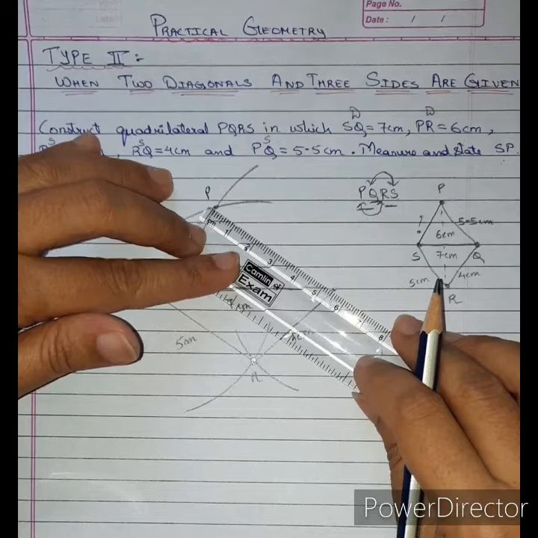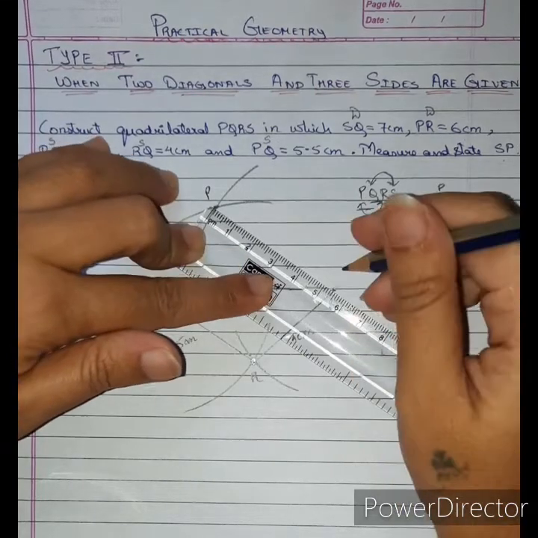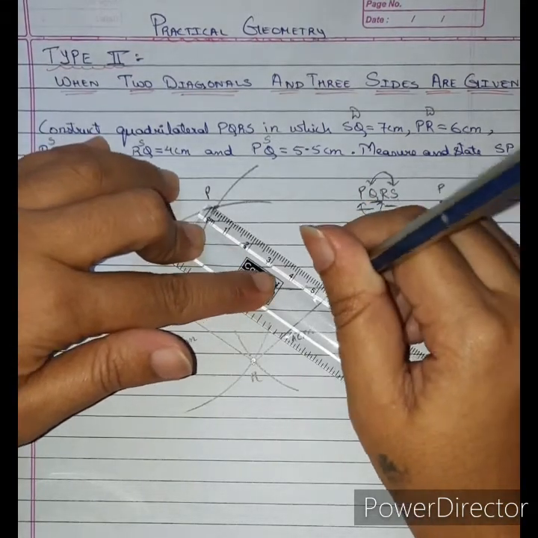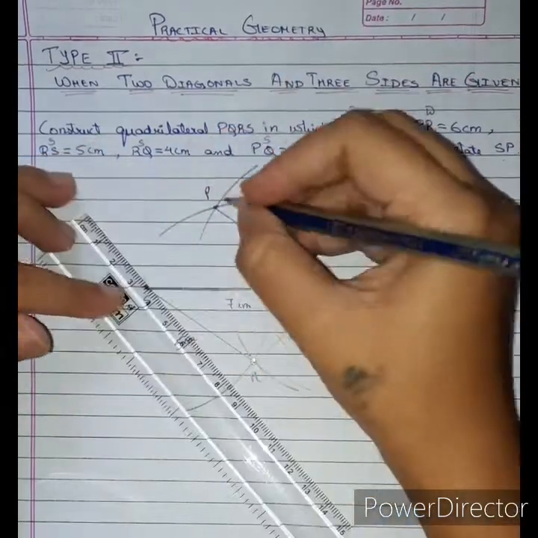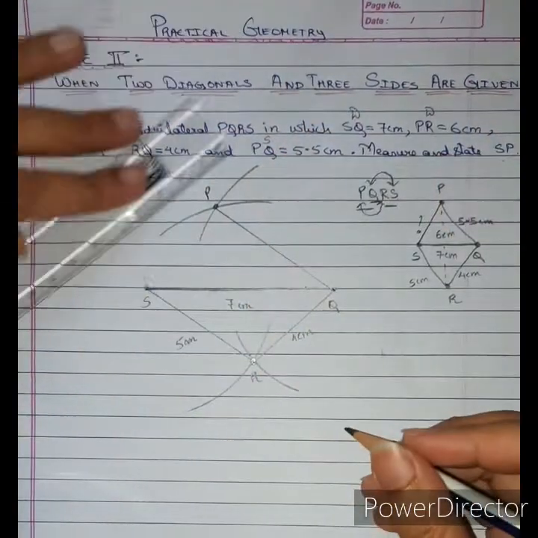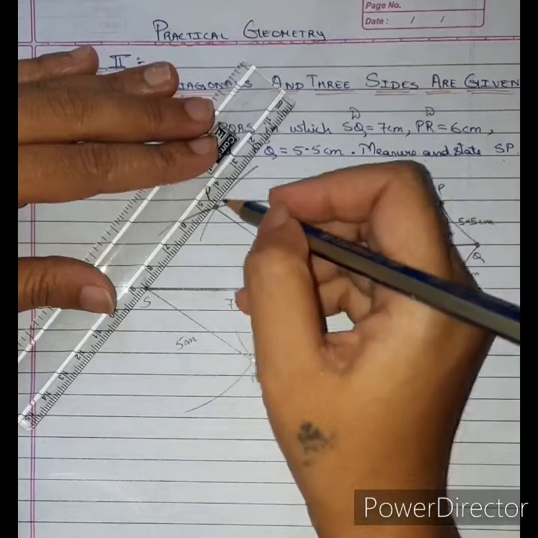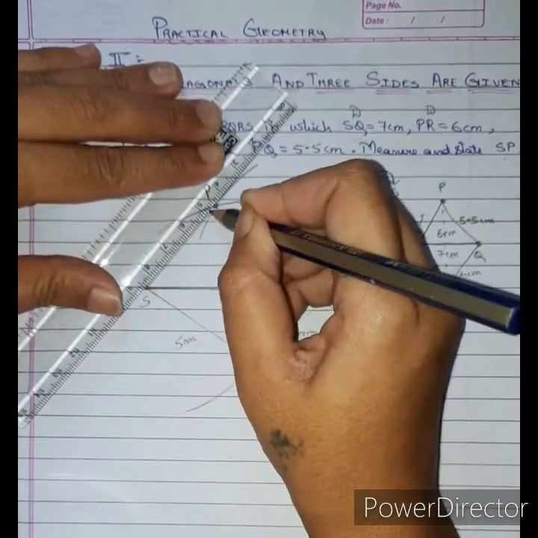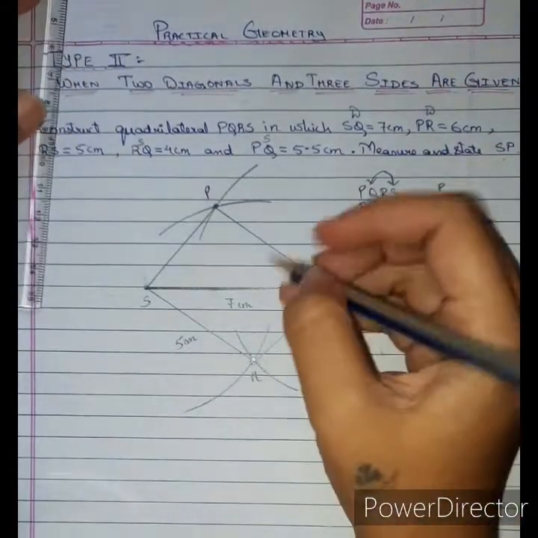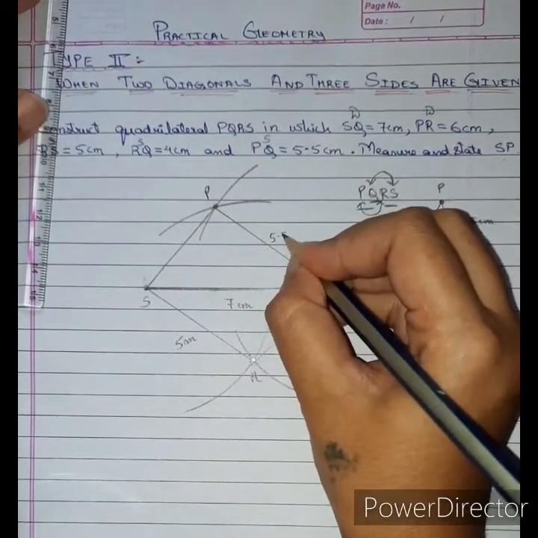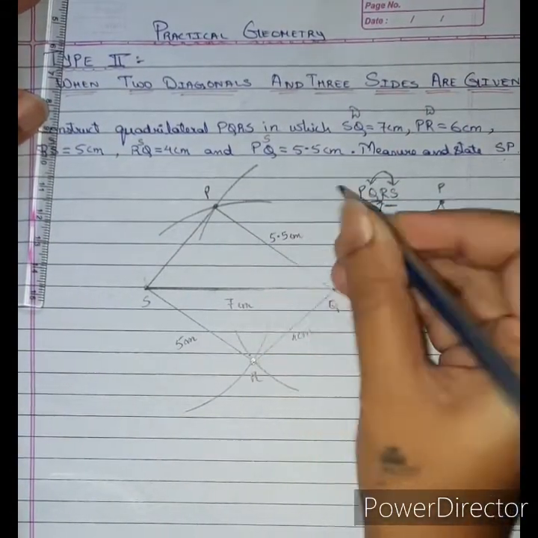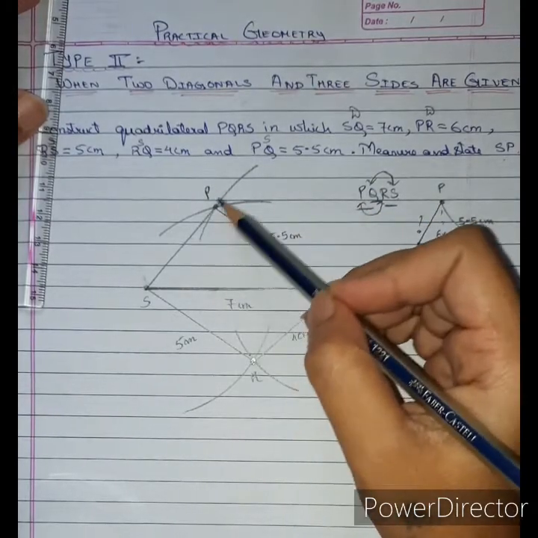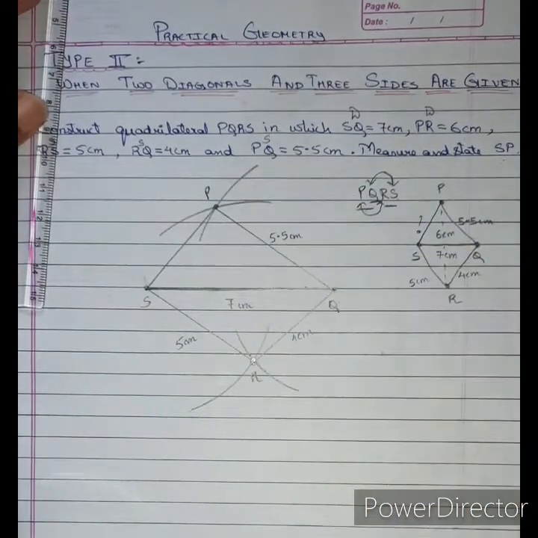This should be 5.5 centimeter, and you can measure and state SP or PS.